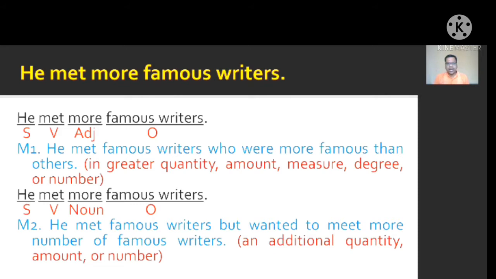Actually, the word more functions as an adjective, as an adverb, and it also functions as a noun. So let us try to interpret this one from the structural point of view. He met more famous writers. He, third person, singular number, functioning as subject of the sentence. Met, V2, functioning as verb of the sentence.